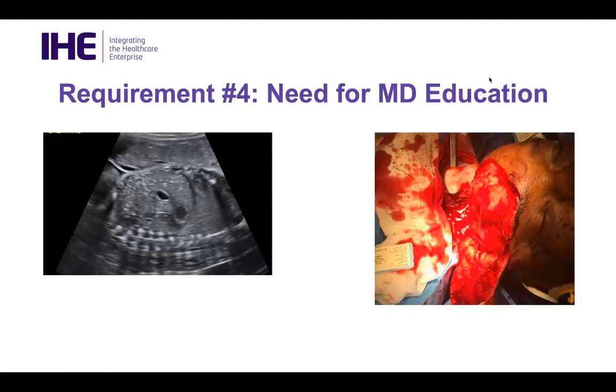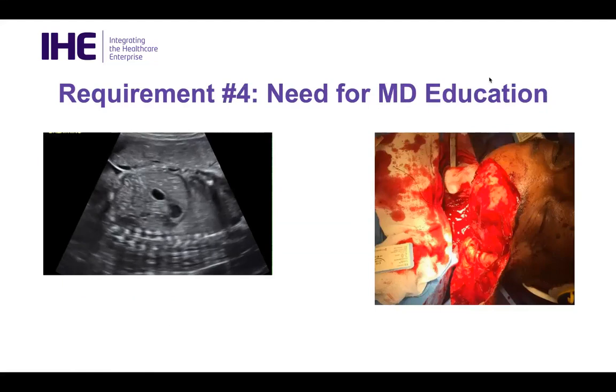And then finally, MD education. Having tied pieces of metadata around body parts or diagnoses or specific provider names at the point of care becomes critical in cases where you are training residents and fellows and medical students and others.